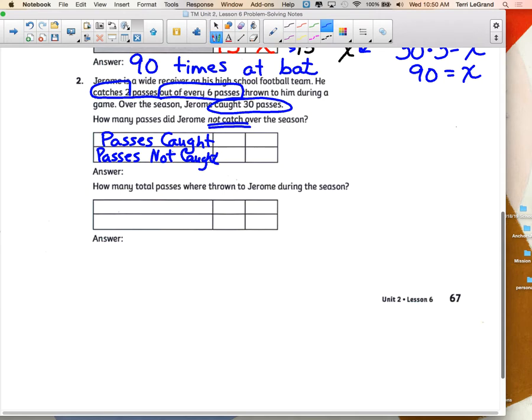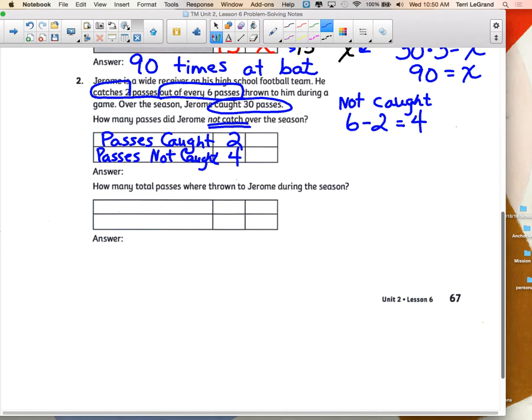So what do we have to do first? 6 passes altogether. Take away how many catches did he have? 2. Leaves how many that he did not catch, which is 4. Okay, I think we should change our ratio now, Kaden. To what? 2 to 4. So for every 2 he caught, there were 4 he did not catch.